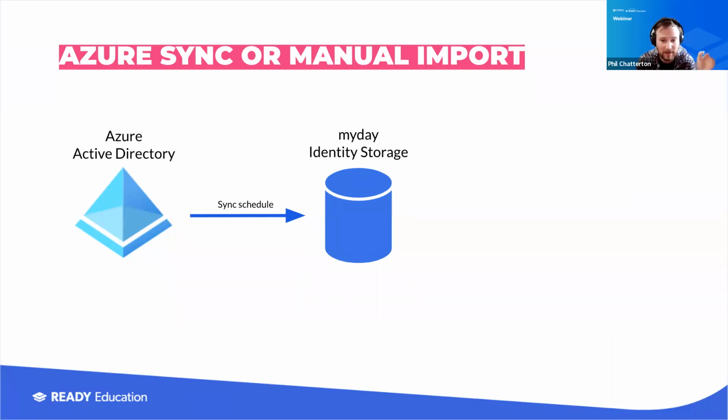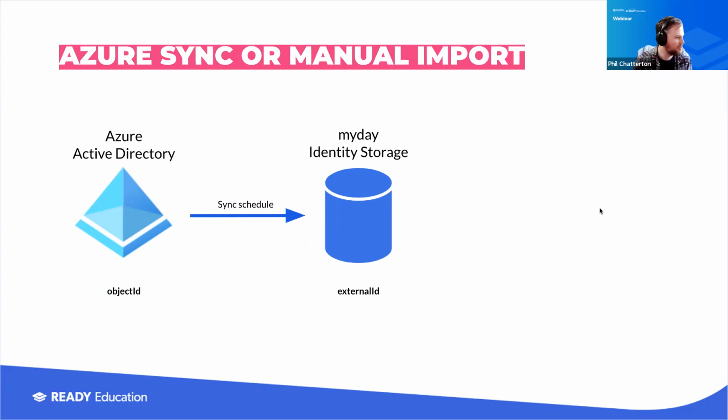So you're not getting empty groups or shells of old historic users that you don't need. It doesn't really affect myday too much if you have them, but from an administrative level, having a nice clean users and groups list in myday will help you and your colleagues responsible for creating content and messages set them to appear for the audience you want.